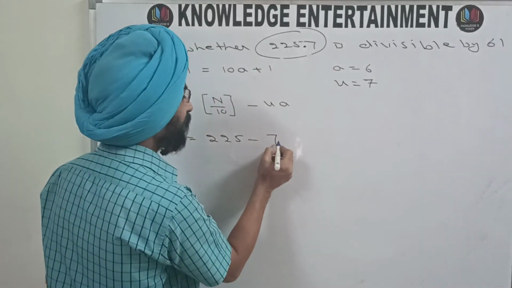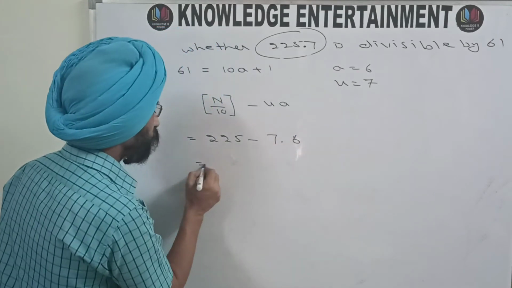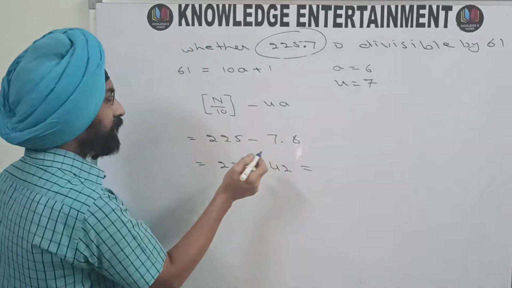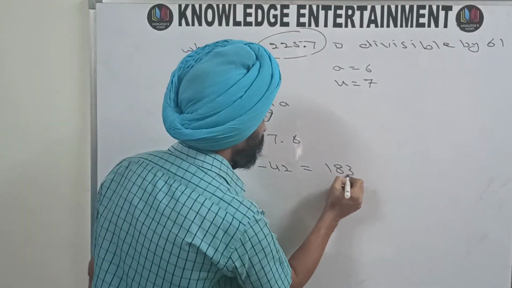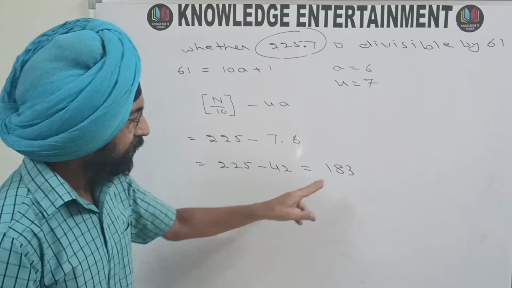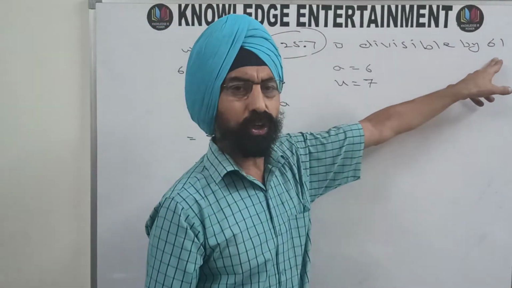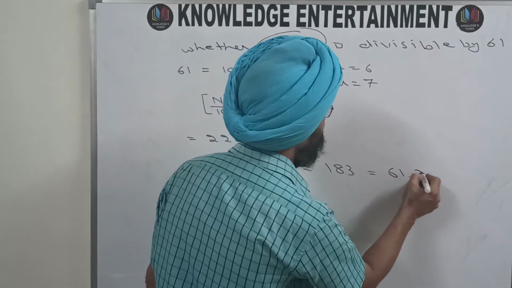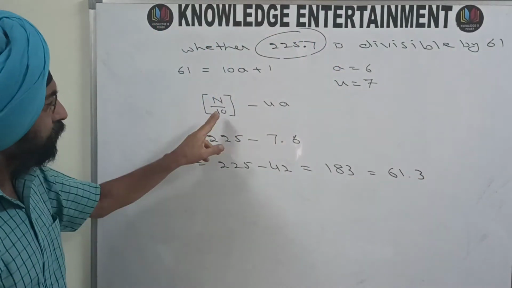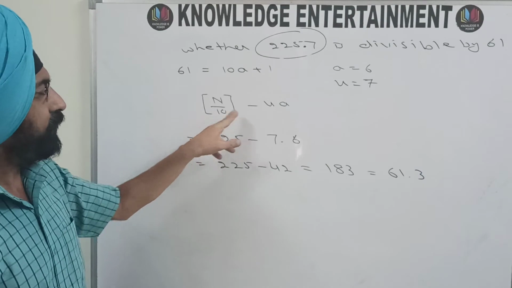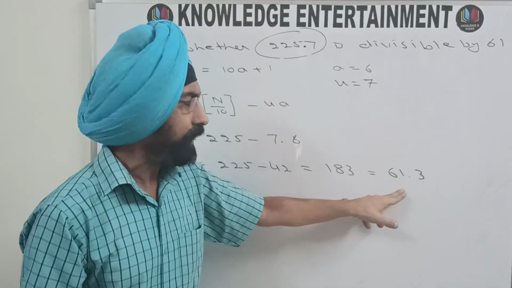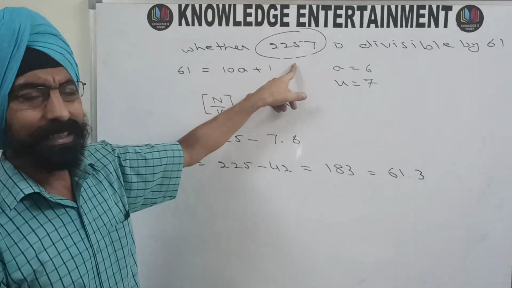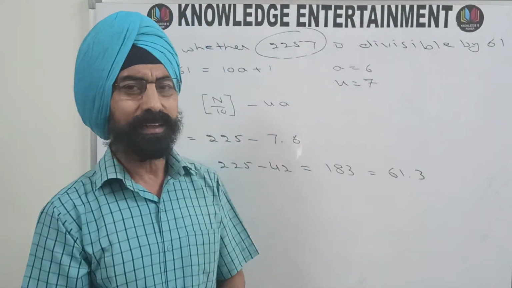Your u is 7 into a is 6, so it is 225 minus 42, and subtracting you will get 183. Now check if this number 183 is divisible by 61 or not. Yes, it is, because 183 can be written as 61 into 3. So this number, floor of n by 10 minus ua, is divisible by 61, which means your n, this number 2257, is also divisible by 61.